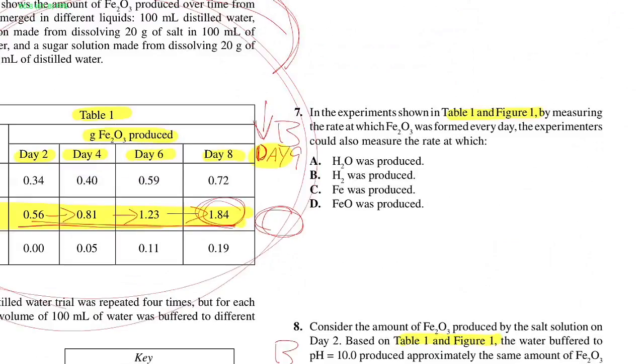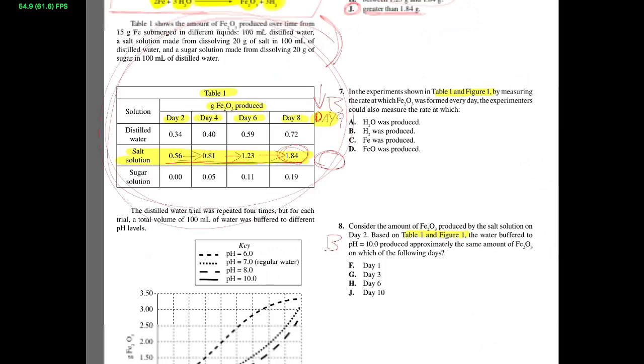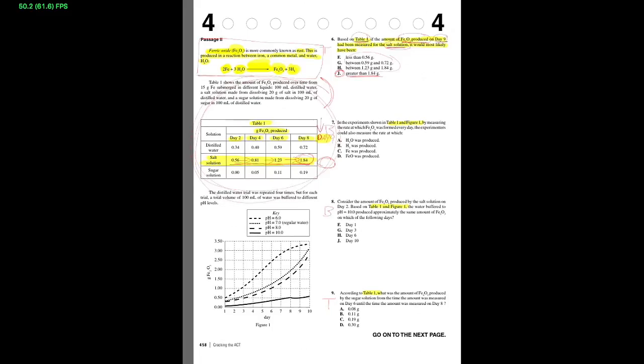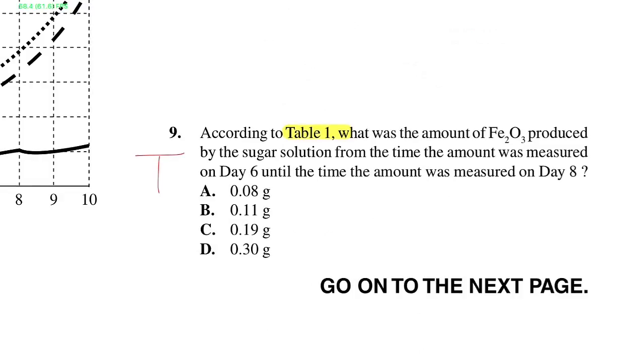Now I know that question 7 and 8 both deal with both table 1 and figure 1, so I'm not going to answer those right now. I'm going to answer the other table 1 question because I have that fresh in my mind. So here it says, according to table 1, what was the amount of rust produced by the sugar solution from the time the amount was measured on day 6 until the time the amount was measured on day 8.